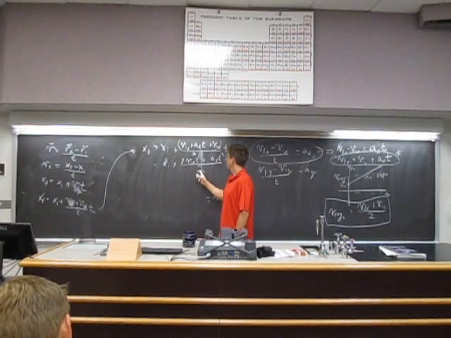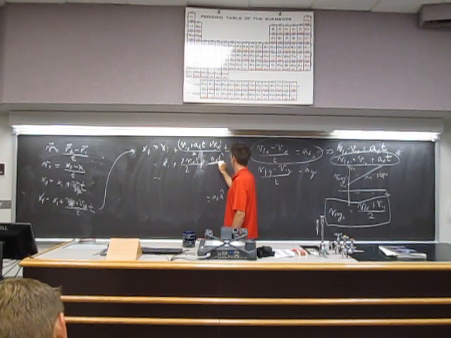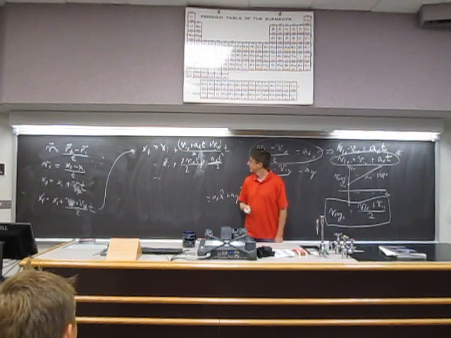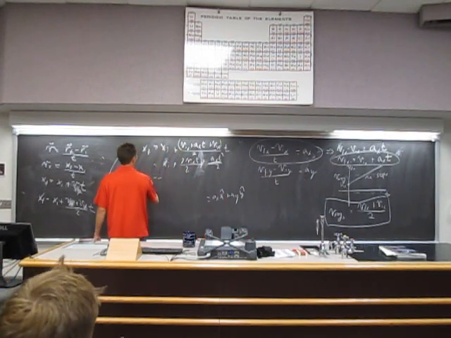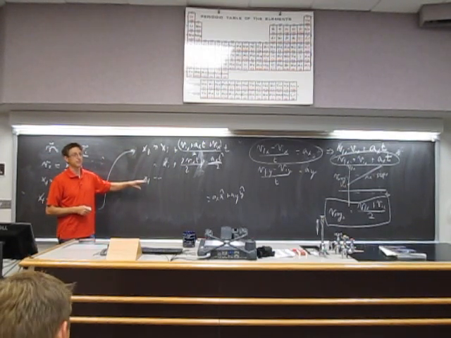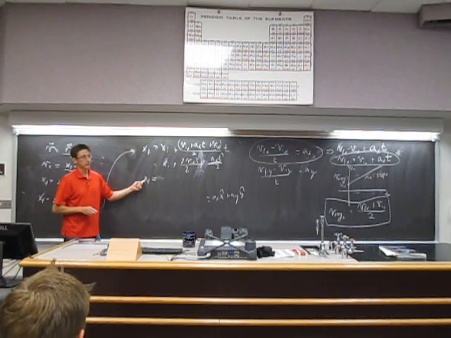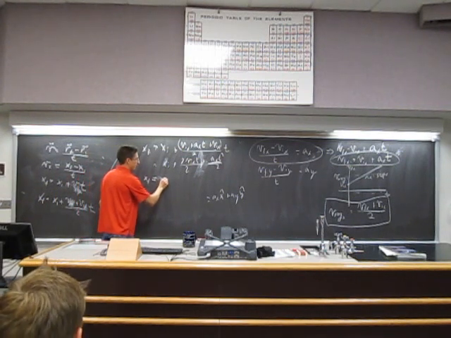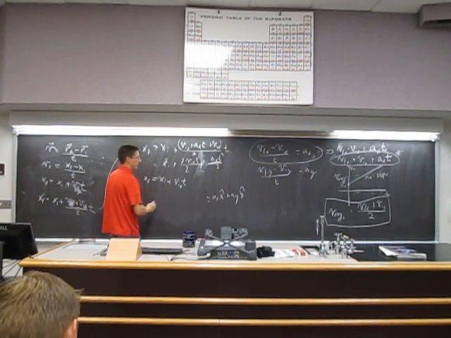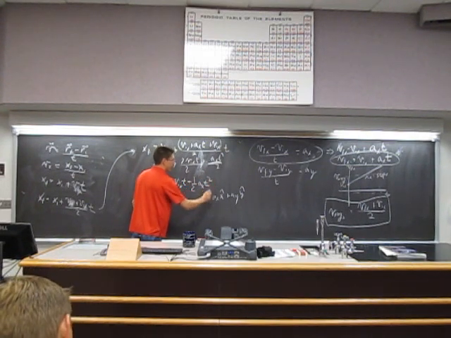I can get rid of that 2. I could write this as over 2 here plus over 2 here. And I could get the final result, which is just what I was trying to derive. It's not as important how we got there as what this answer is: the final x position is the initial x position plus the initial velocity in the x direction times time plus 1/2 the acceleration in the x direction times the square of time.